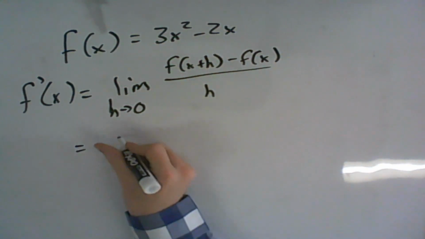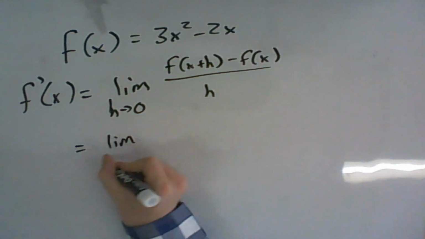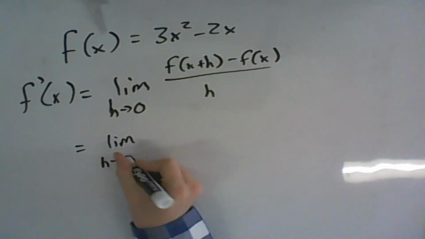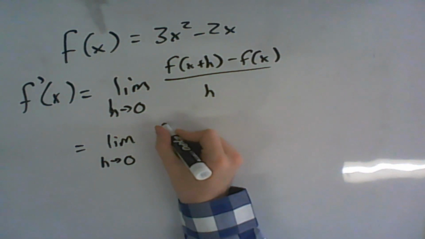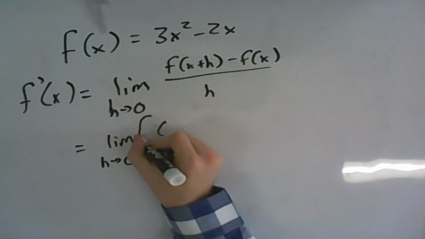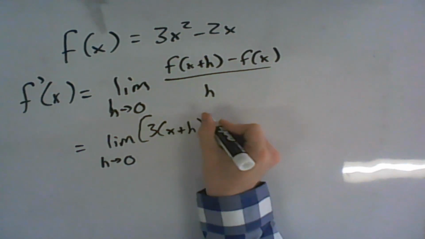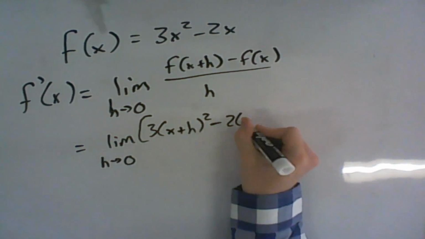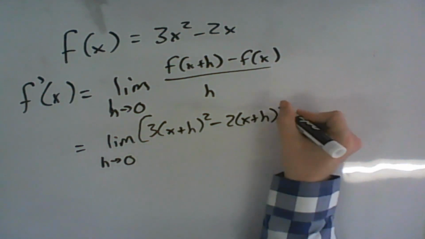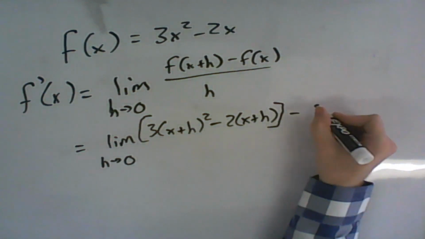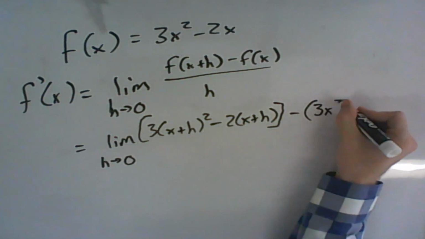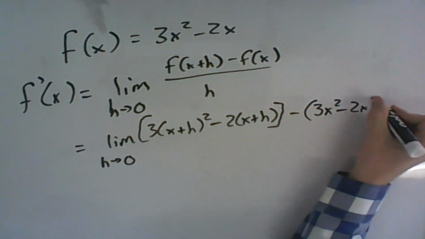Okay, plug in the formula. Plug in the function. The limit as h approaches 0 of, let's blow this up, 3 times (x plus h) squared minus 2 times (x plus h), minus (3x squared minus 2x).